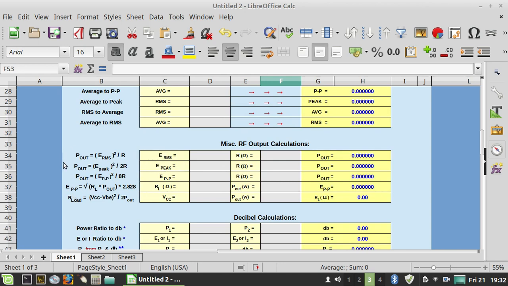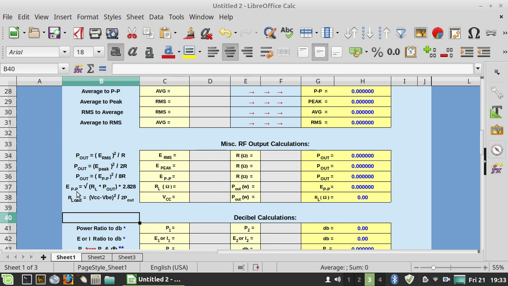These first 3 are handy for calculating power out, whether you've got a voltage measurement in RMS or peak to peak. This one being particularly handy when using an oscilloscope and taking measurements in a circuit. I don't really need to go through them all.